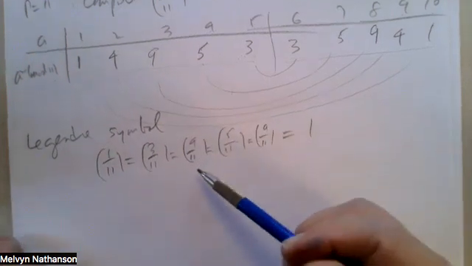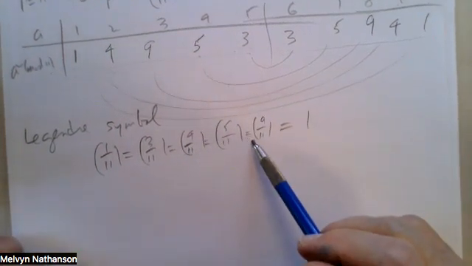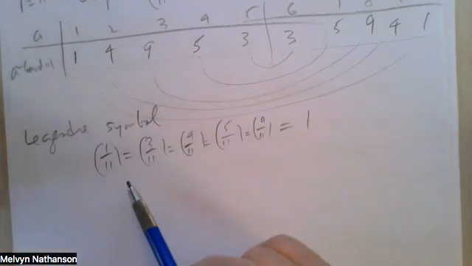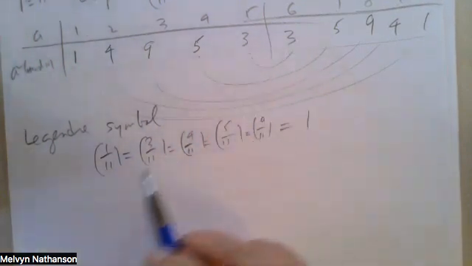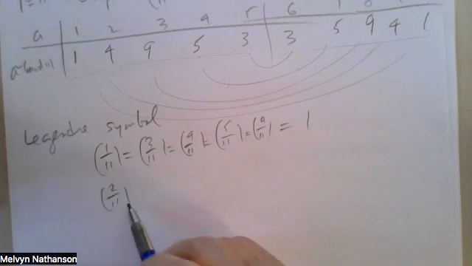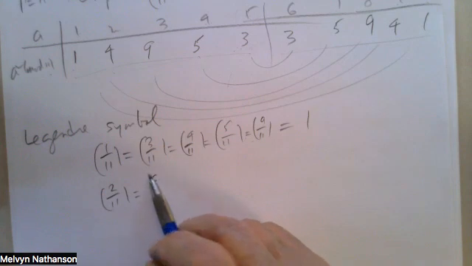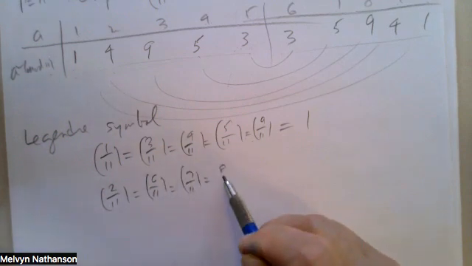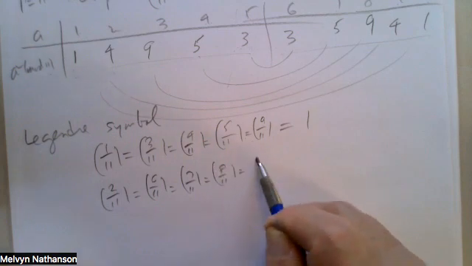Those are the quadratic residues. These are the numbers that have square roots. And the numbers that don't appear here don't have square roots. The numbers that don't appear here are 2, 6, 7, 8, and 10.